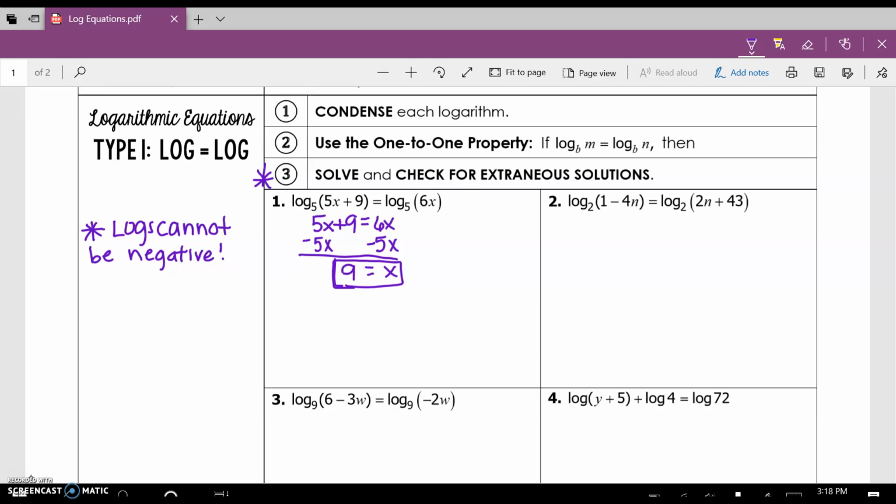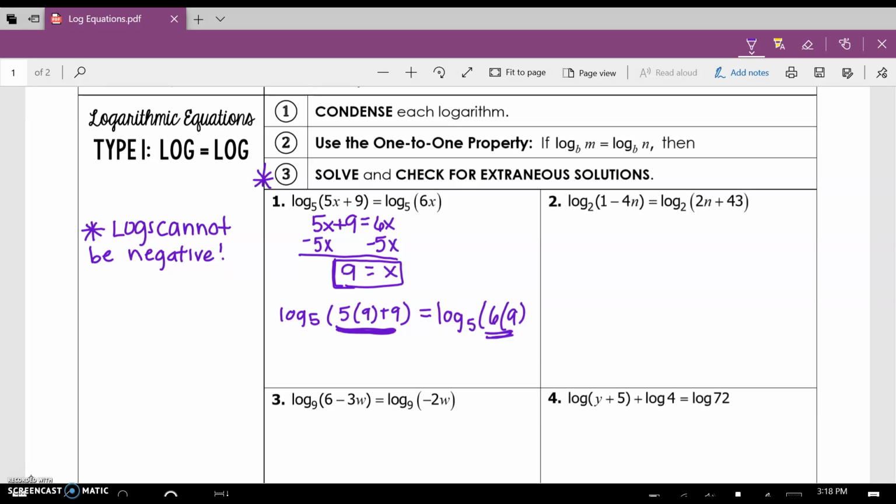So when you plug it back in and we say log 5 of 5x plus 9, and we know that x is 9, what we get inside this parentheses cannot be a negative number. And then equals log 5 of 6 times 9. This can't be negative either.